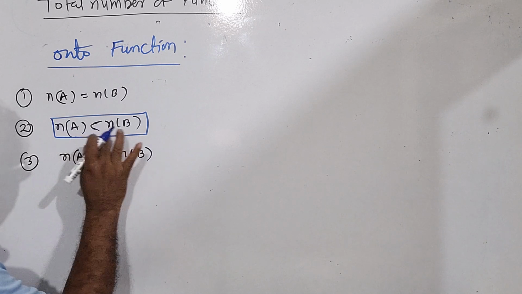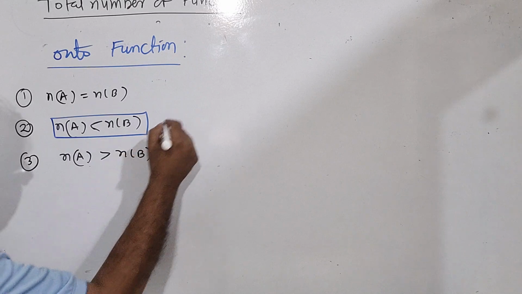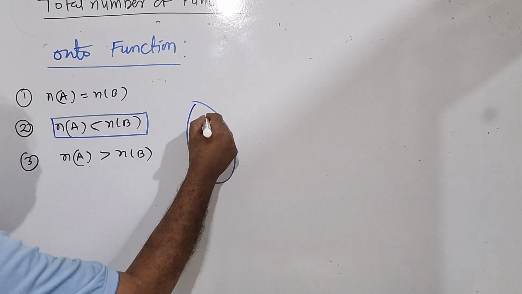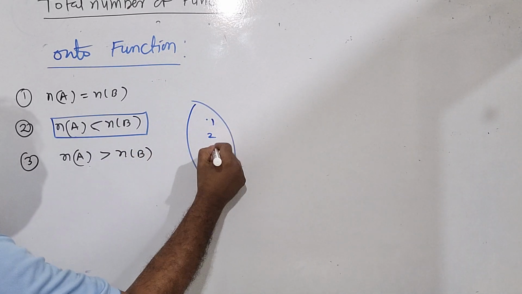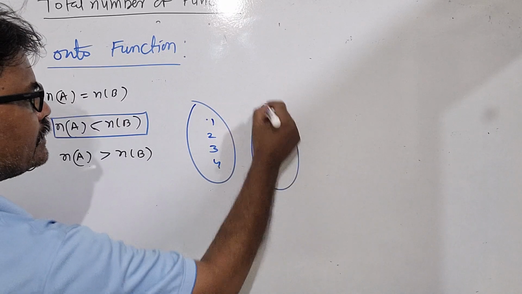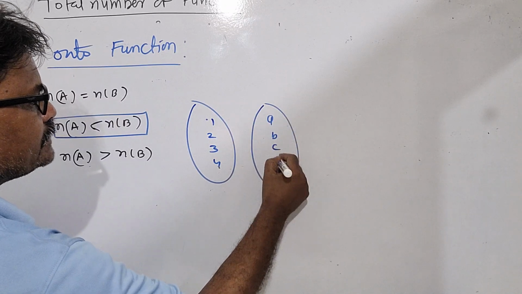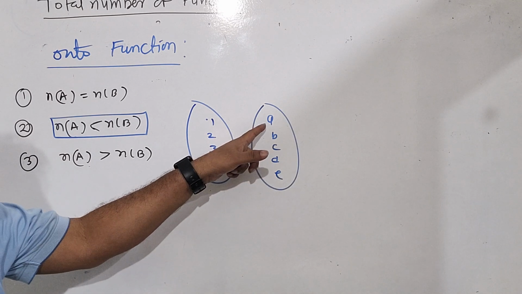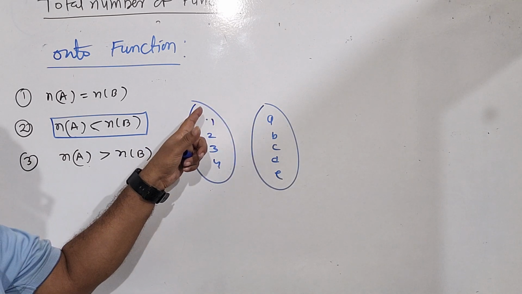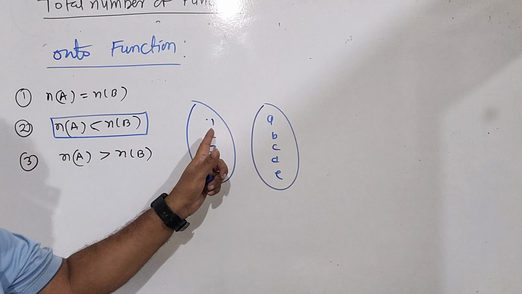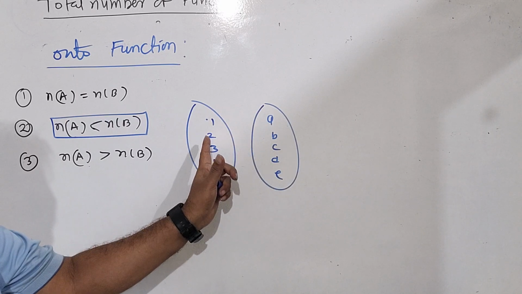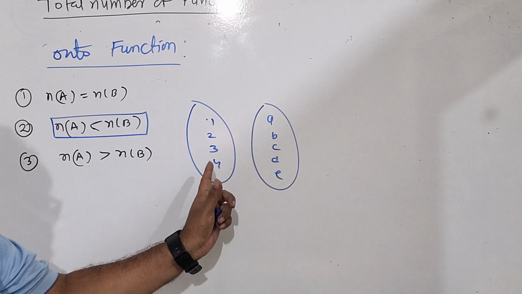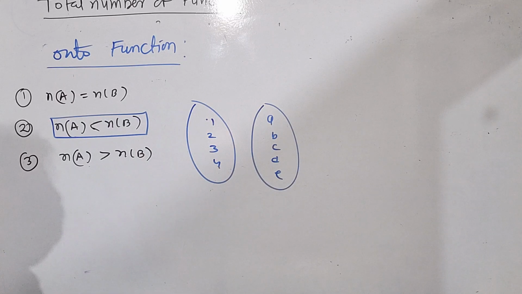But when n of A is less than n of B, for example here 1, 2, 3 and 4. And this is A, B, C, D and E. So for onto function, this A has to take its pre-image, B has to take its pre-image, C has to take its pre-image, D has to take its pre-image, also E has to take its pre-image.